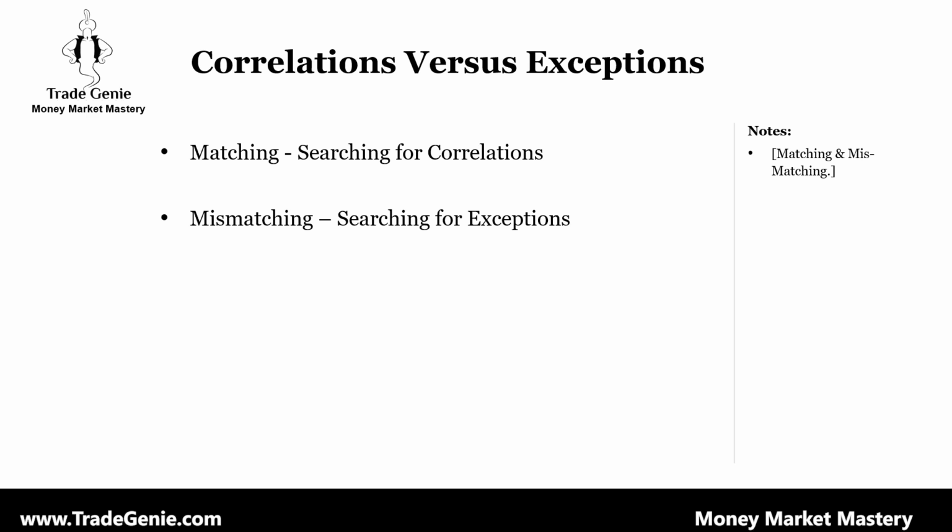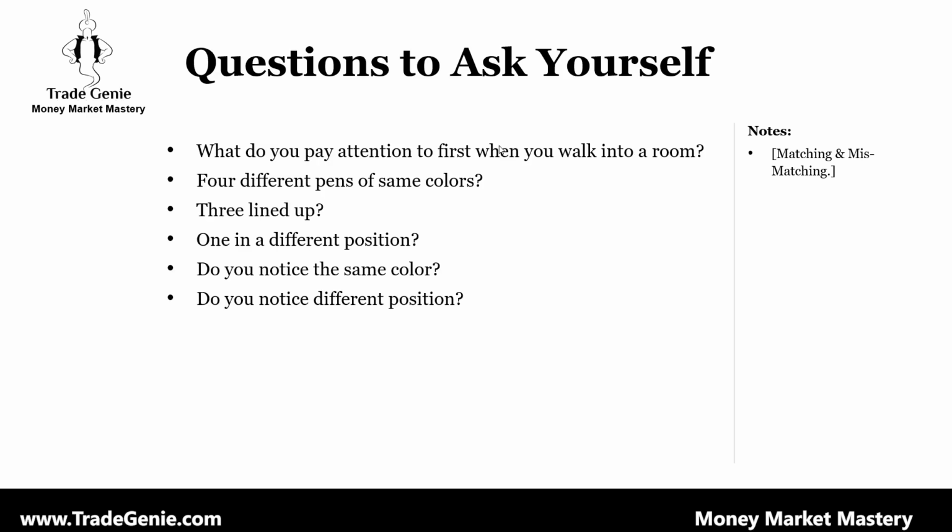The four are matching, and the way that 5th one is laying there is not matching the other 4. If we are not trained to identify the mismatch, we miss out. The same concept applies in trading also: you're searching for exceptions, or you're searching for correlation. Now we need to ask these questions to ourselves.